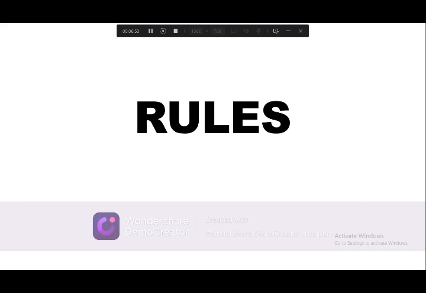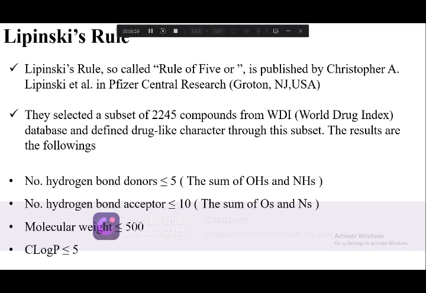So I want to talk about some rules on which we do certain predictions when we want to analyze compounds for drug likeness. As we discussed, we have Lipinski's rule. You can see what Lipinski and his colleagues did. They selected 2,245 compounds from the World Drug Index database and defined drug-like characters through this set.